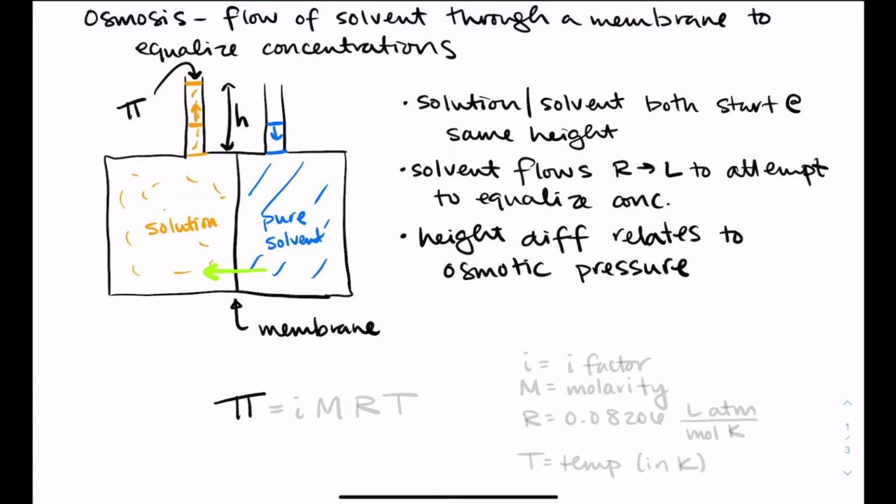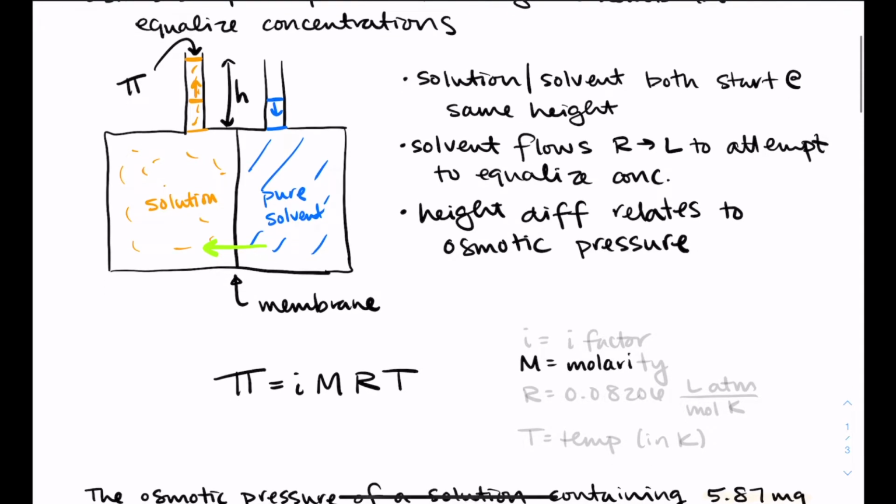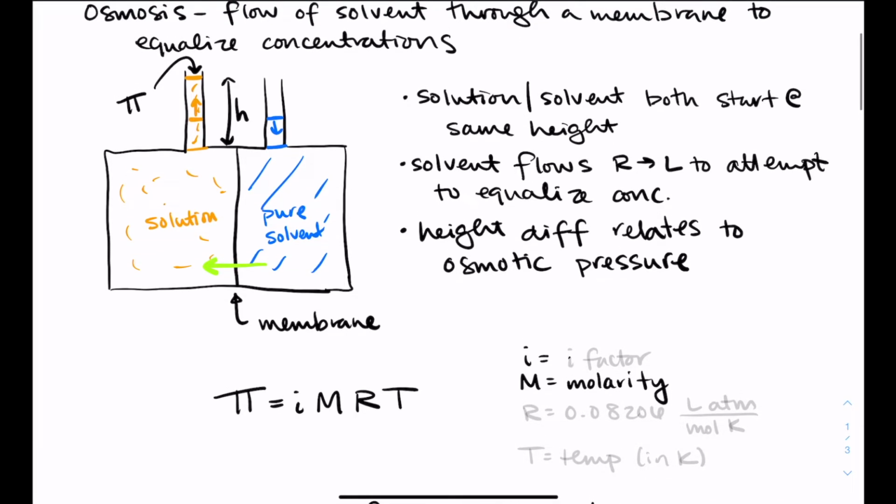You've probably heard of reverse osmosis filtration. That's where you put a pressure higher than the osmotic pressure. If I use a pressure that's higher, that will push the flow of solvent in the other direction. So that gets the solvent to go over to the right-hand side.